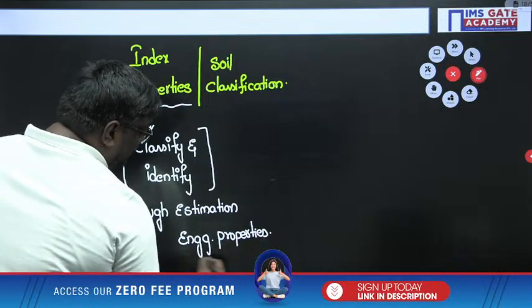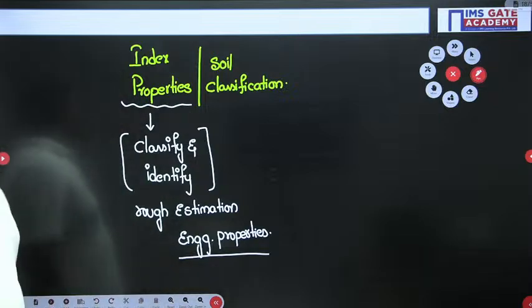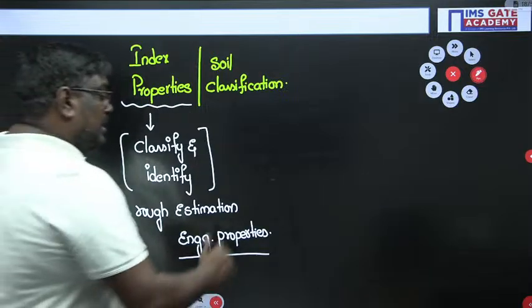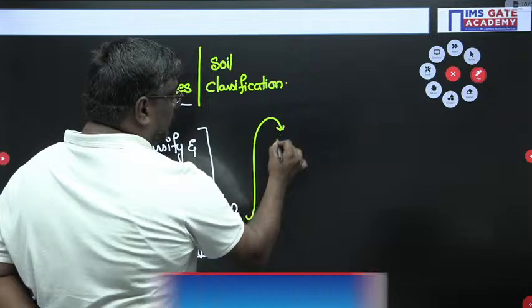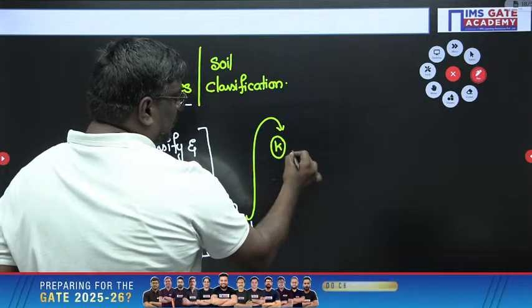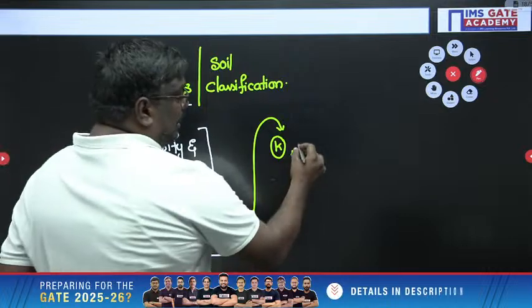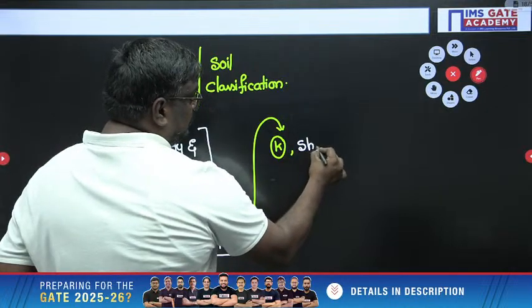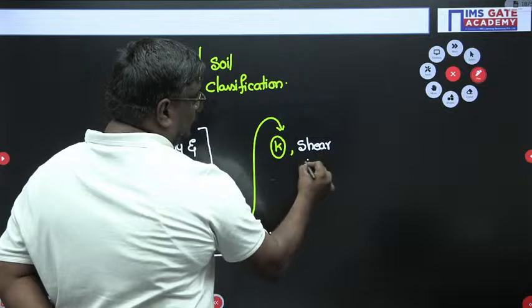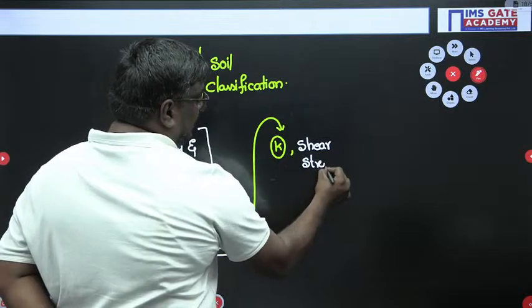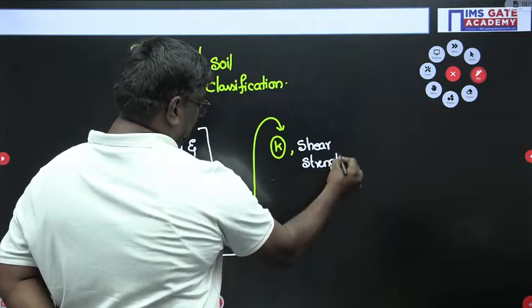What can be the engineering properties? Engineering properties can be permeability, or it can be shear strength. Usually the coefficient of permeability is represented by K. That is the reason I have written K there.